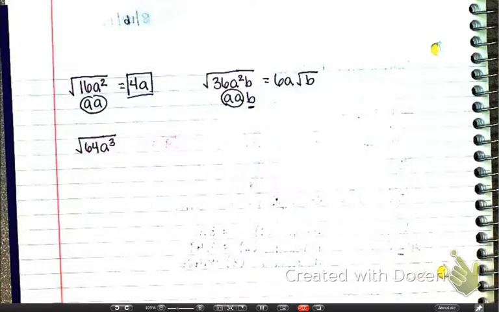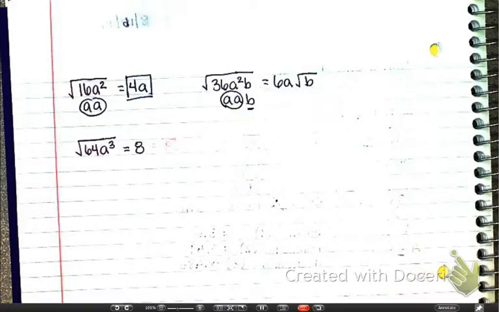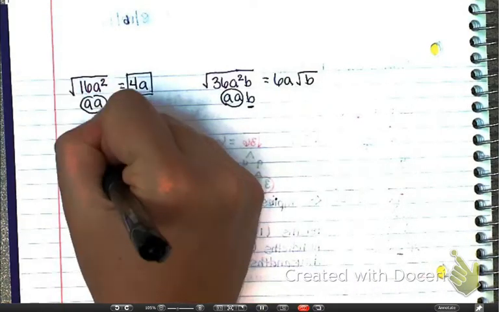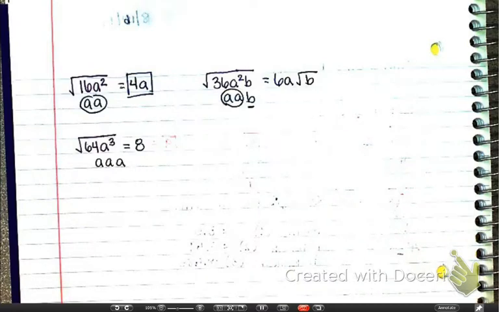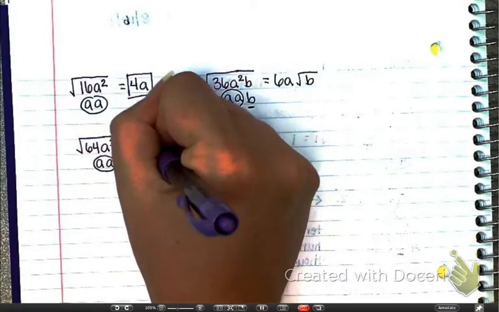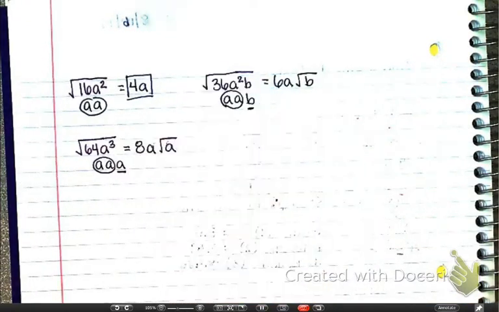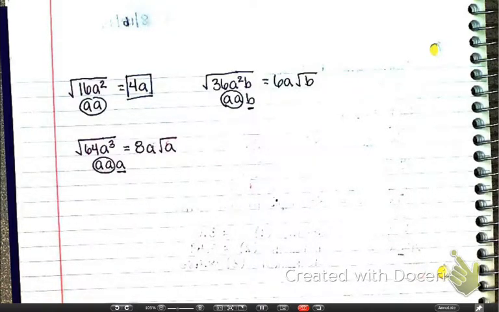What is the square root of 64? 8. Okay. And what does a to the 3rd mean? There's 3 a's. 1, 2, 3. Do you see any pairs? I see one pair. The pair comes out. The leftover stays inside. Okay, so adding variables doesn't really change up a whole lot.